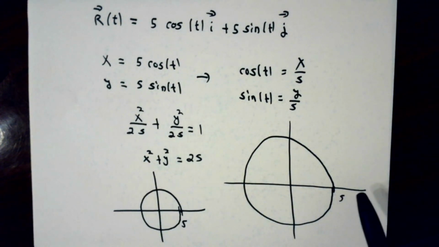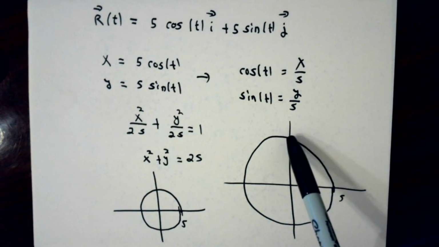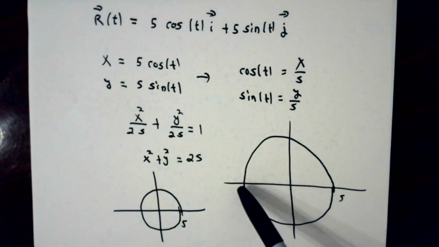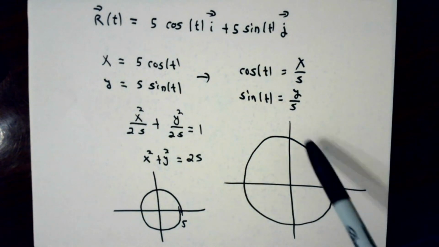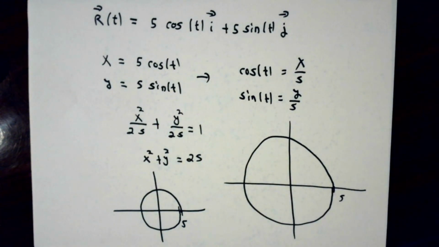As t increases from 0 to pi over 2, I go from being here to being there. If t is equal to pi, x will be negative 5 and y will be 0, which is here. So I'm continuing to travel in the same direction. If you put 3 pi over 2 in, you'll find that you're here, and when t is 2 pi, you're back where you started.